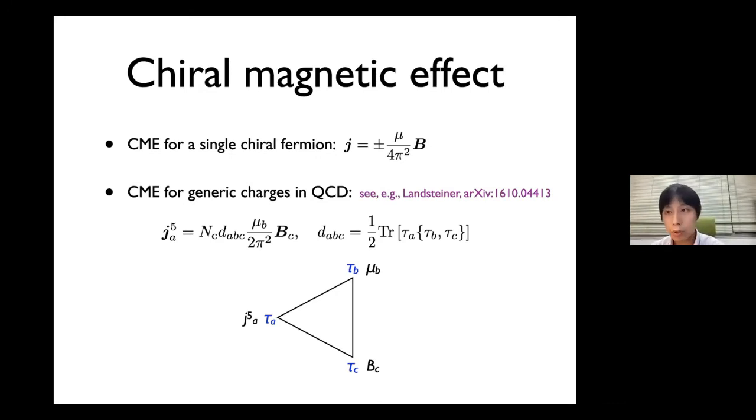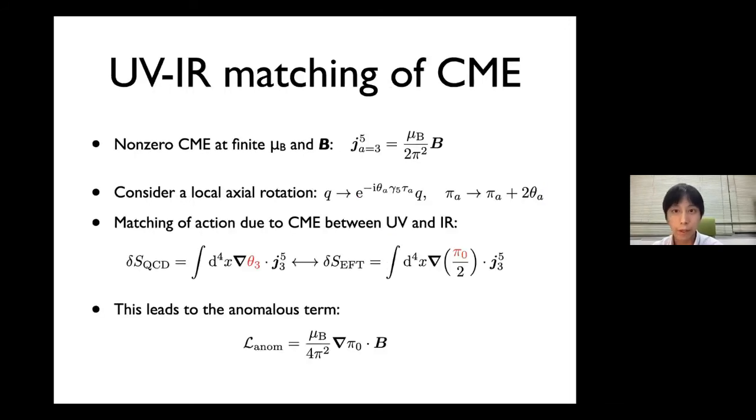In the case of QCD at finite baryon chemical potential in a magnetic field, it turns out that the only non-vanishing contribution to the axial current arises when the isospin component A is 3. And the result is given by this expression. Now, recall that this chiral magnetic effect is a topological current, and it does not receive any renormalization.